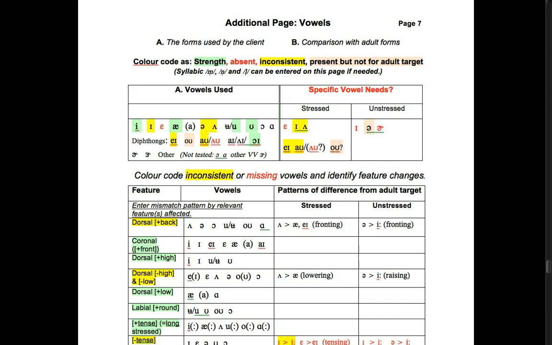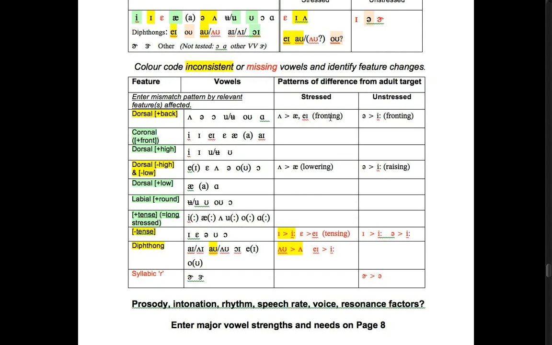Great job! We've already gone over how to do the next section, but we'll give you another example using Craig's data. I like to start with the first word in the data and look at whether the child's vowel is different than the adult's. If so, you will enter it under mismatched into the chart, again remembering to differentiate between stressed and unstressed context.